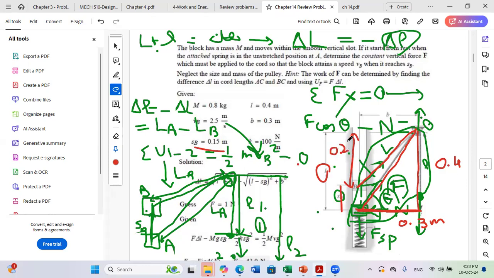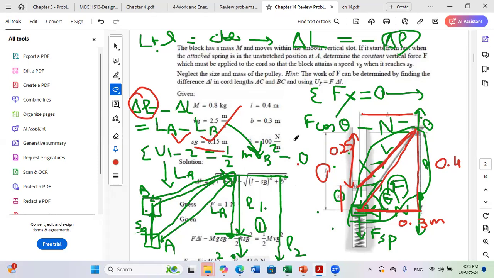So now you can calculate what is the length of this part. It's radical 0.25 square plus 0.3 square. Okay. And then once you have LA and LB, you can determine the displacement of your hand, delta small l.